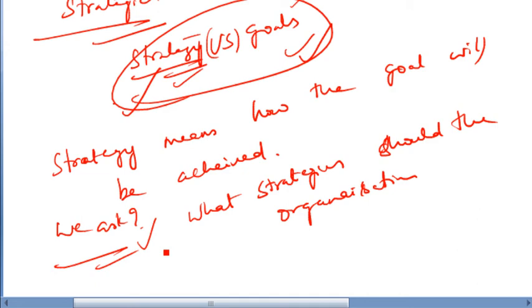Once you have identified that, the purpose of these performance measures is fourfold: to show how well the strategies are being implemented, to communicate the strategies within the organization, to encourage the implementation of strategies by the managers, and to see whether the strategies themselves are still appropriate or we need to make any changes to them, right?